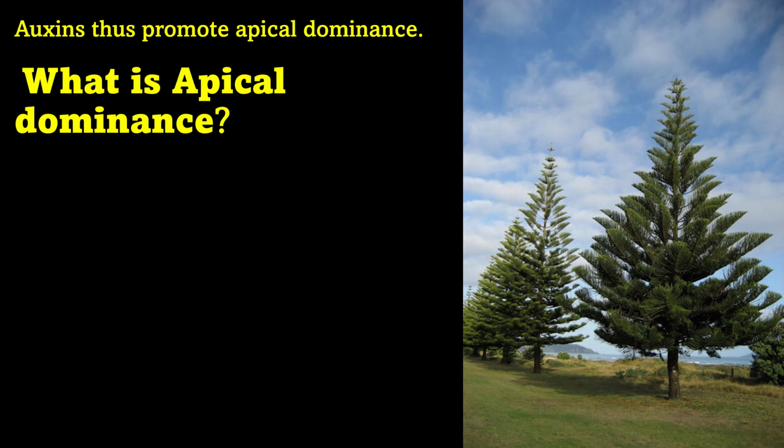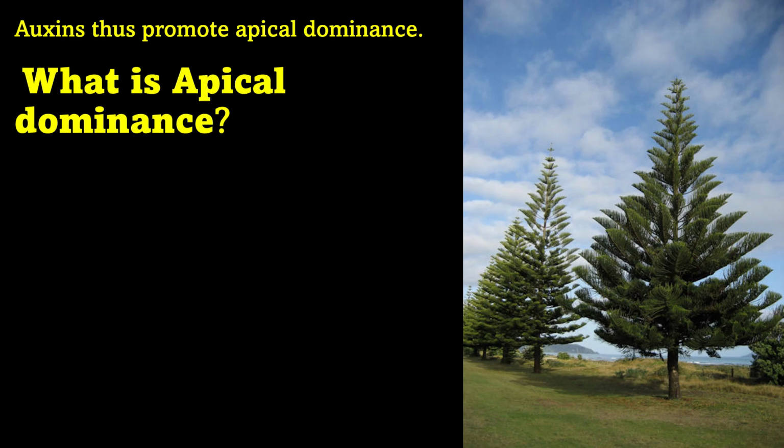The plant first grows the branches starting from the tip, and then slowly, as the tree or the plant grows taller, the initial branches will actually continue to grow longer and larger, and the new ones will continue growing on top of it. This is what is called apical dominance.